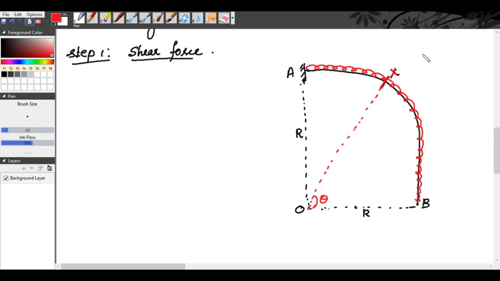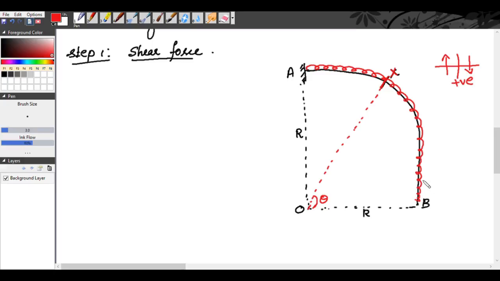Now, when we are taking the shear force, we know shear force is the summation of all the forces either to the left of the section or to the right of the section. And when you are taking a section, the left upwards and the right downwards is positive. Now, when you are taking X, these loads are downward loads. So, right downwards becomes positive.